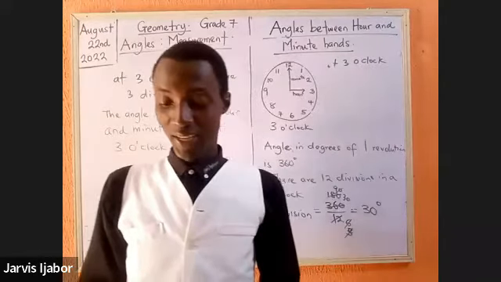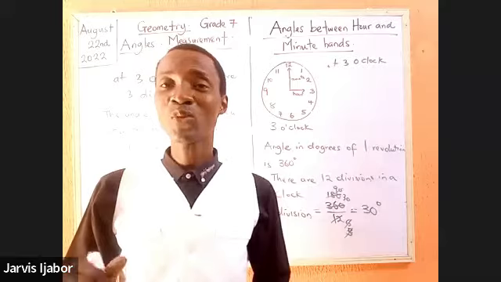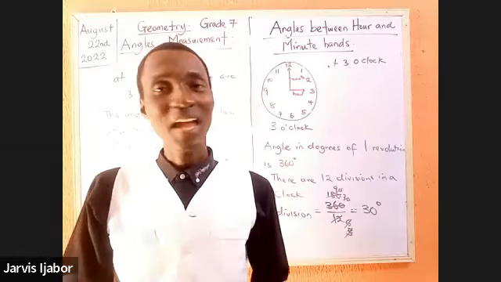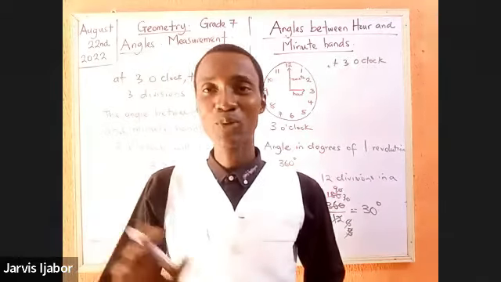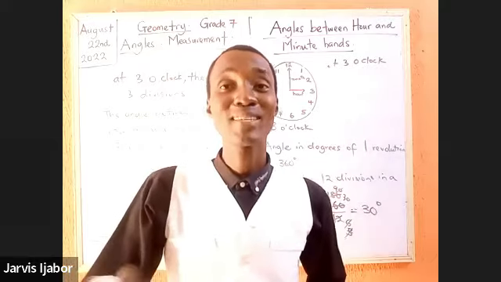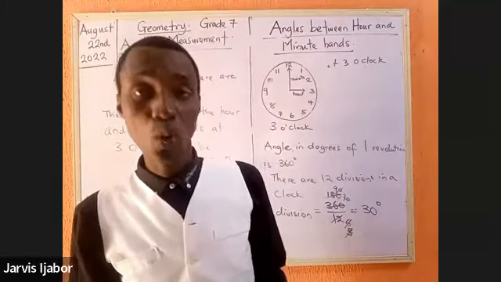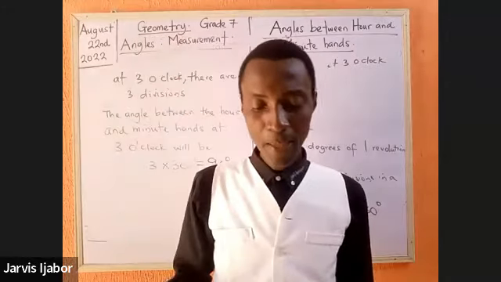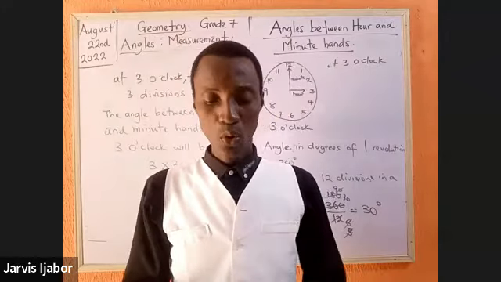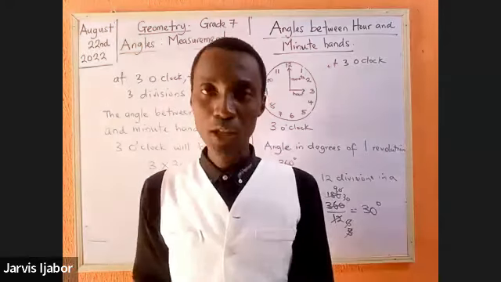Now, there's a question given here. They said you find the smaller angle. I won't explain that, and I'm doing that intentionally. I'll do that in my next class. So, by way of assignment, I want you to go back to exercise 8A and look at question number 2.